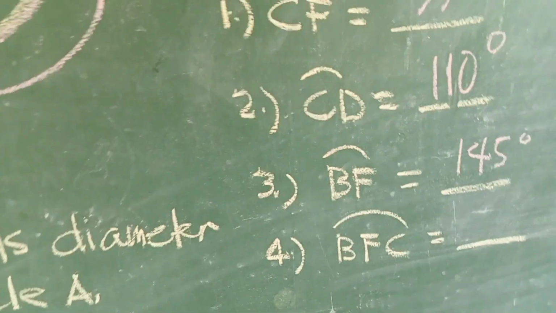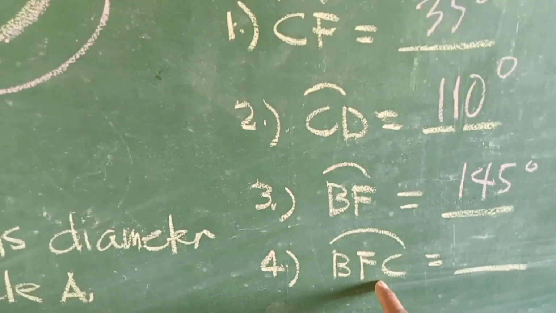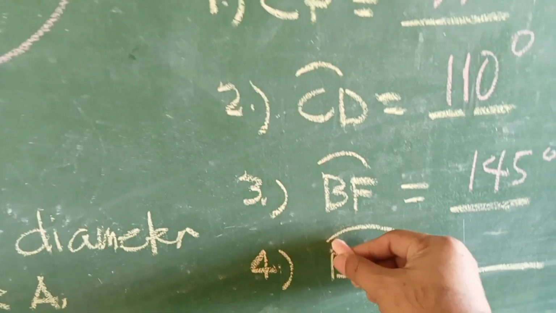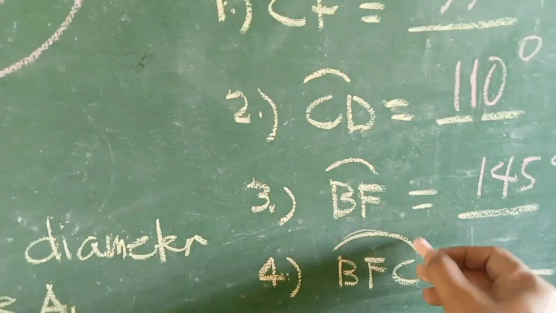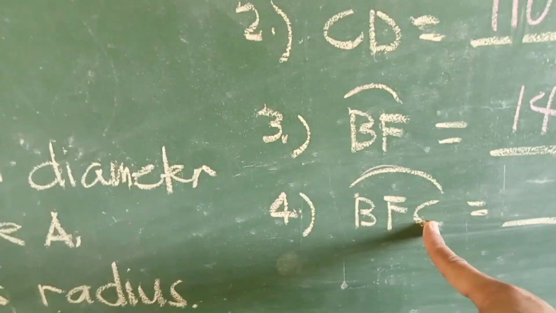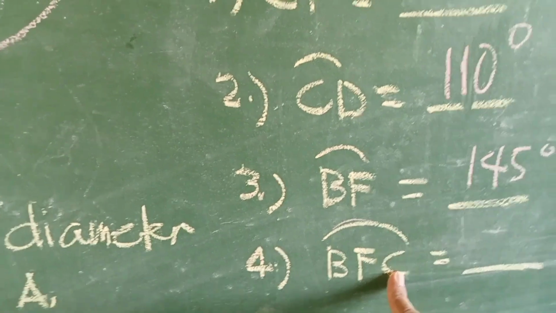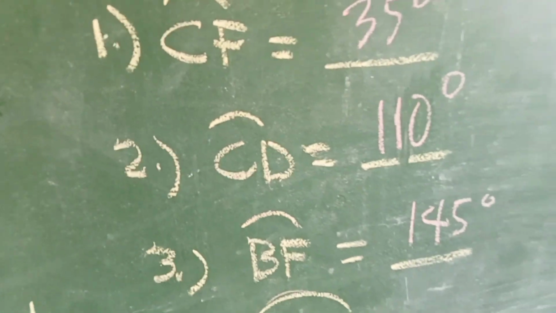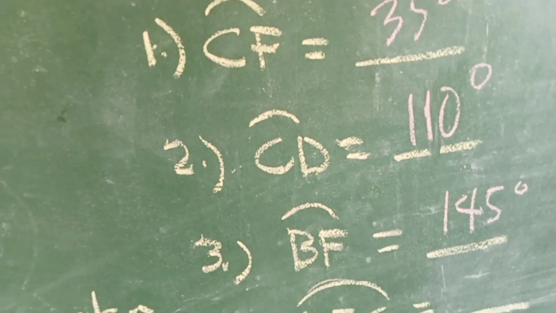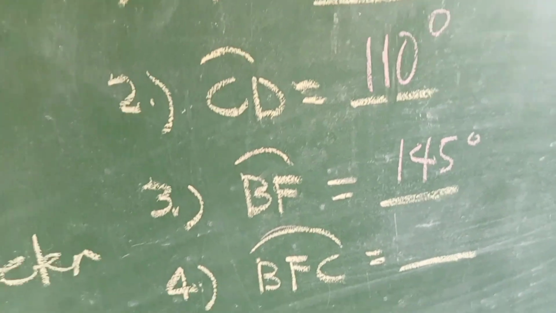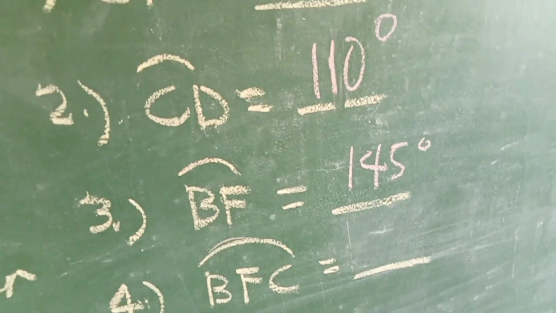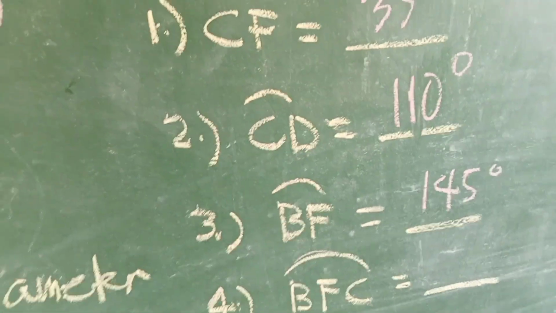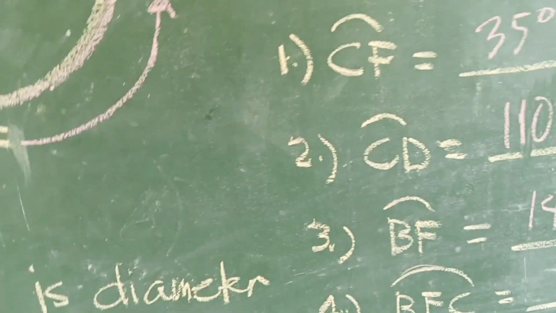This time, number 4 is asking you what is the measure of arc BFC. Since 3 letters are used to name this arc, there are 2 things that you would have to think. Either it is a semicircle or a major arc. But to answer that question, let's go back to the illustration.